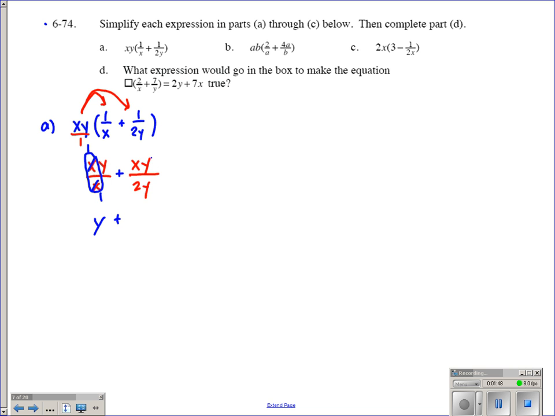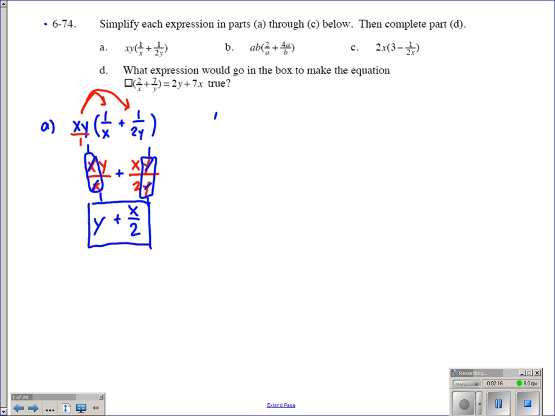Over here, we've got our y's. This factor of y and this factor of y is the same thing, so they would give us a value of 1 over 1. So we have x times 1 over 2 times 1, which is just going to be x over 2. So our simplified answer here is going to be y plus the fraction x over 2.